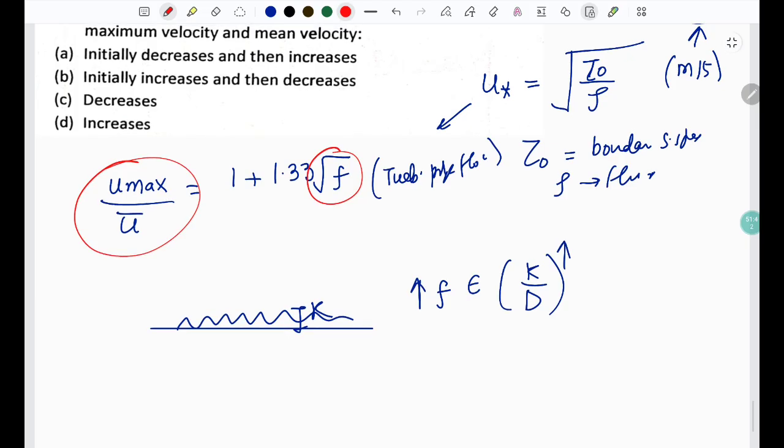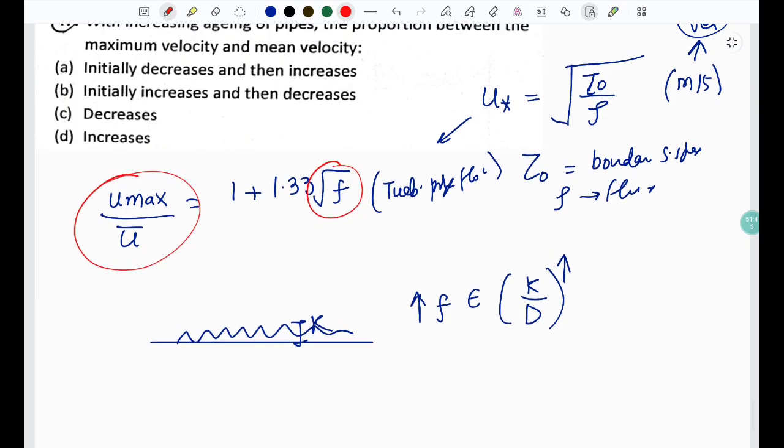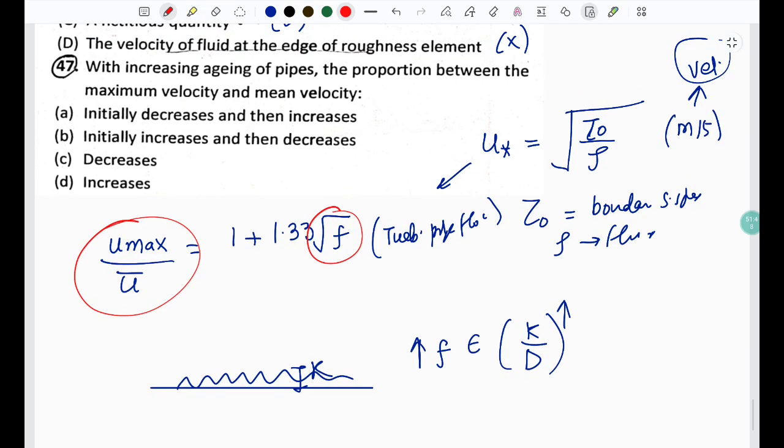And hence, the concept is that when higher roughness comes in the pipe walls, it slows down the fluid close to the wall, and it leads to a relative increase in the central velocity U max to maintain the same discharge. Hence, with increasing age of the pipes, the proportion between the maximum velocity and mean velocity increases.